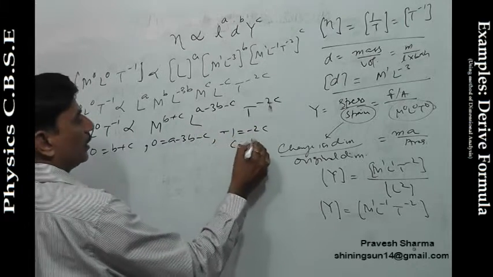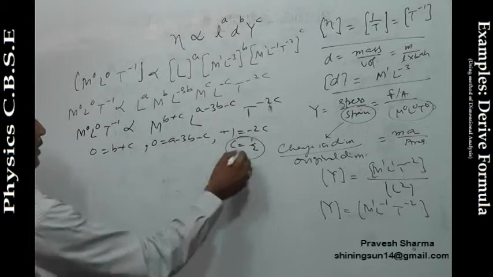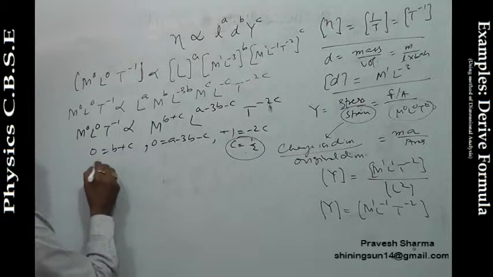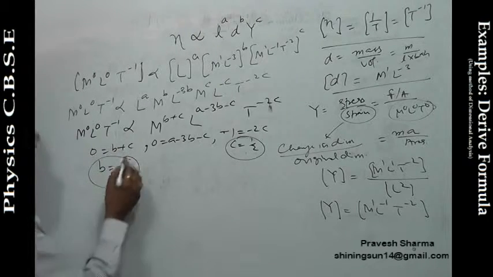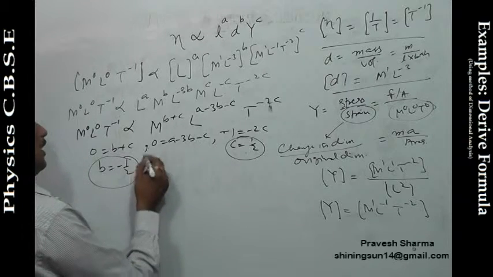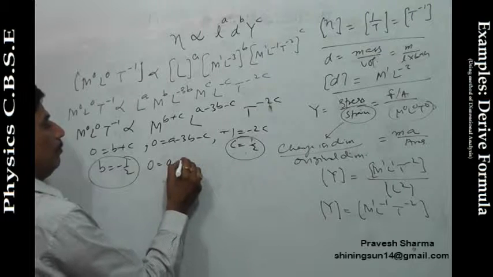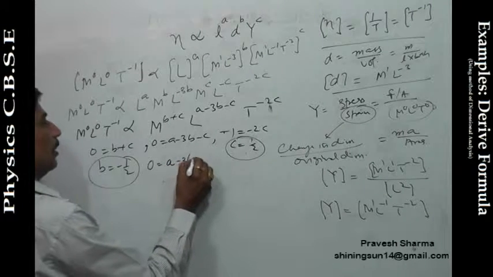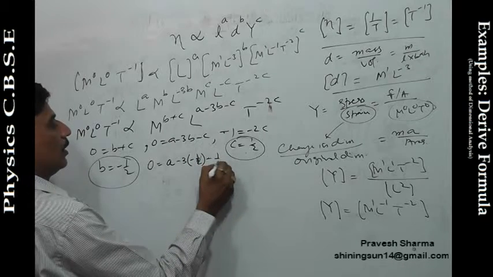So from here, we get the value of C as half. If C is half, B is minus half, because B plus C is equal to 0. Let's put the values of C and B in the L equation. So 0 is equal to A minus 3 into B, which is minus half, minus C, which is half.